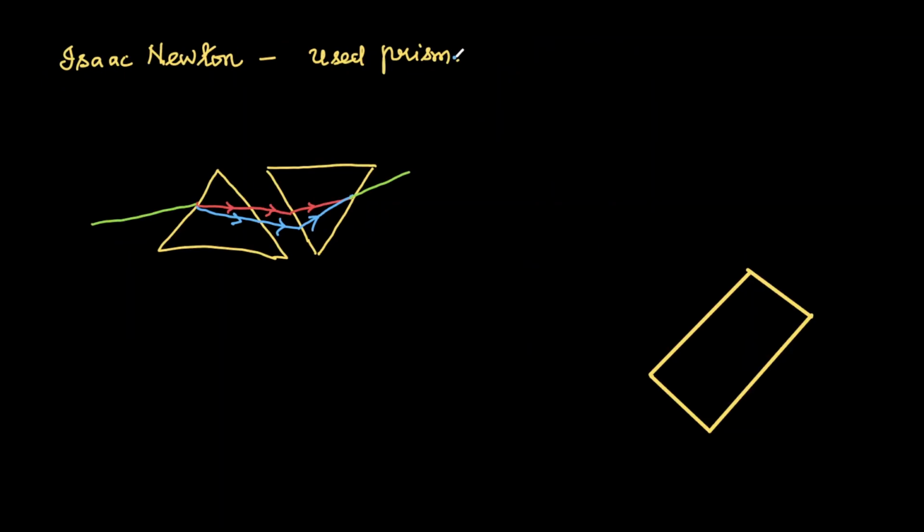Isaac Newton used the prism to split the sunlight into seven colors. He kept prism A and prism B in inverted positions. The light passed through prism A gets split into seven colors. He focused all the colors through prism B, which is kept in an inverted position.